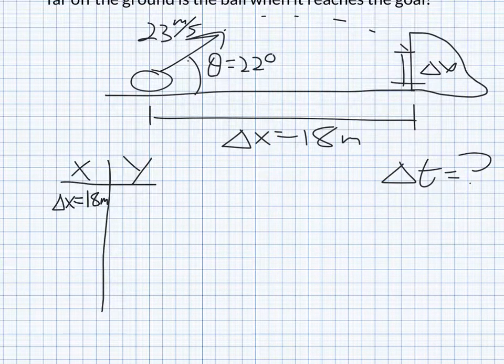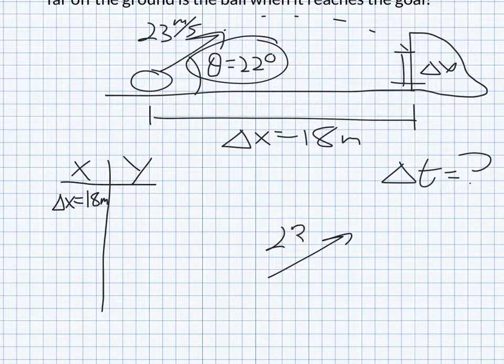Now look at this. This 22 degrees is interesting. The 23 meters per second is neither in the x direction nor the y direction. It's got components in both. So I'm going to have to make that a triangle.